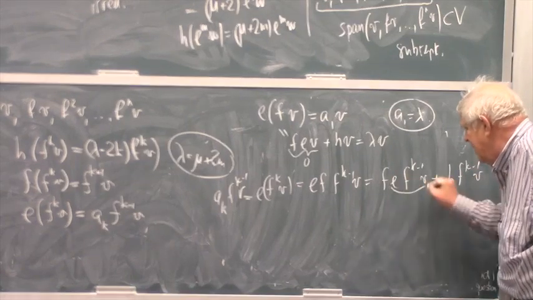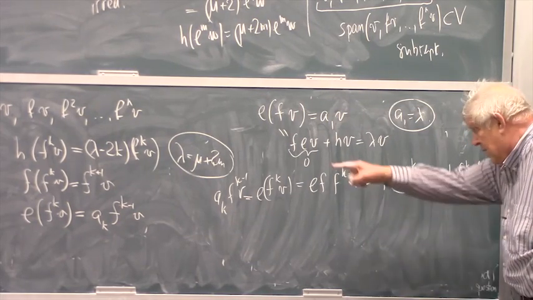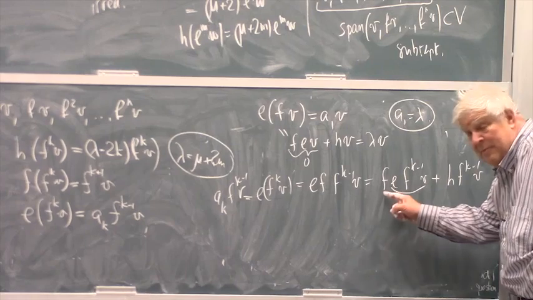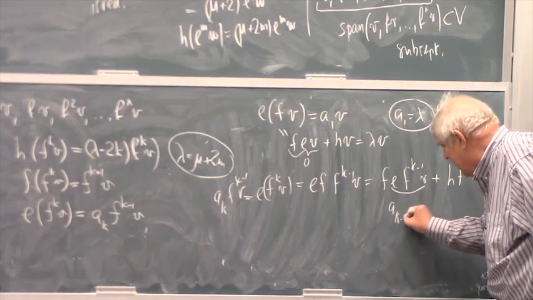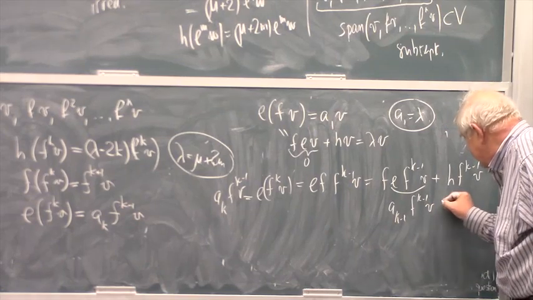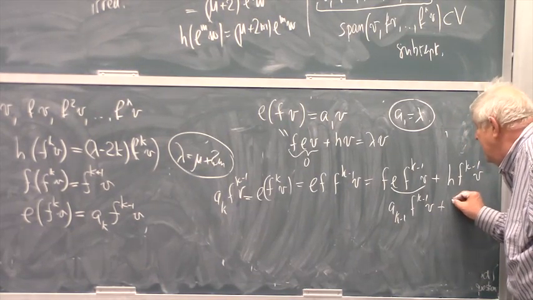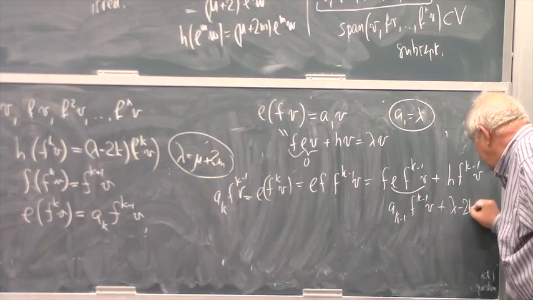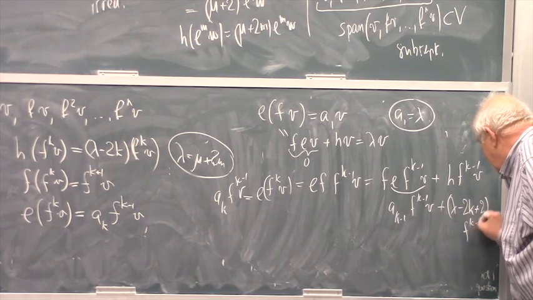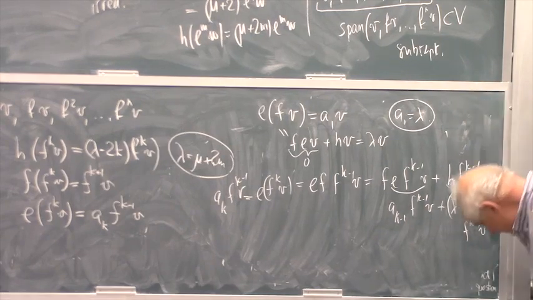This is A k minus 1 times, according to the formula, F to the k minus 2, but one more F, so this is A k minus 1 F to the k minus 1 V, right? This we know only too well. It is lambda minus 2k plus 2 times F to the k minus 1 V. We know how H acts there.